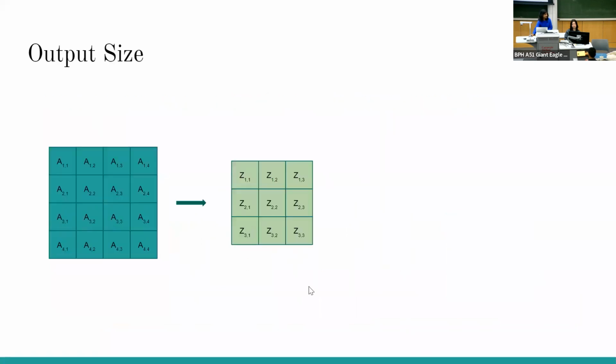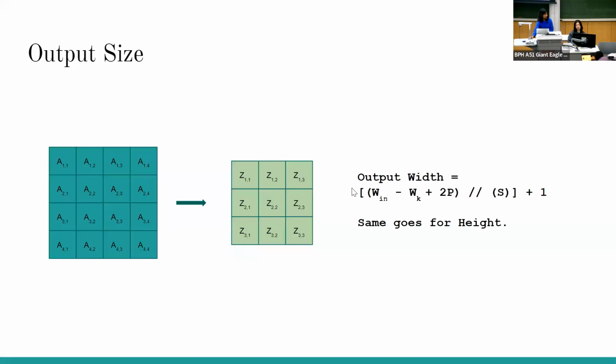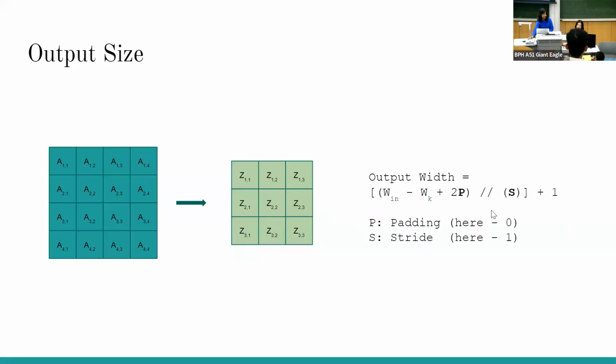So this happens, and if you see here, the input has reduced and the output size has changed. For CNNs, we can calculate what this output size will be using this formula, wherein the output size is basically the input width minus the kernel size plus 2 into P, where P represents padding and S represents stride, and then one is added to it.